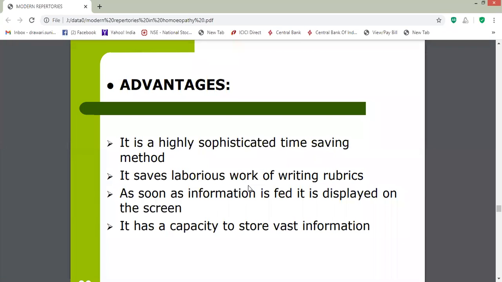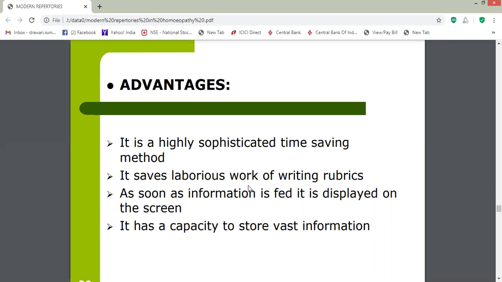And programs have been constructed which carry out the required permutation and combination according to standard rules, for example repertorization, and yield the results. Most of the programs available today fall into this category.